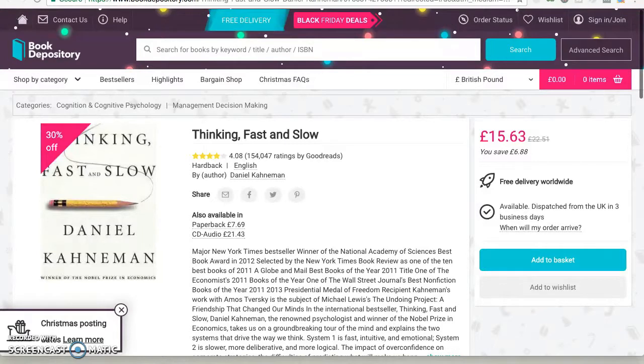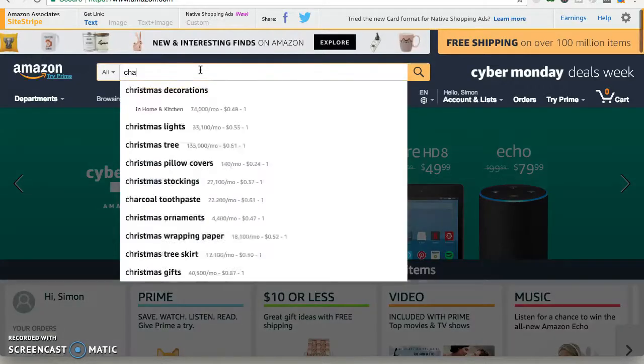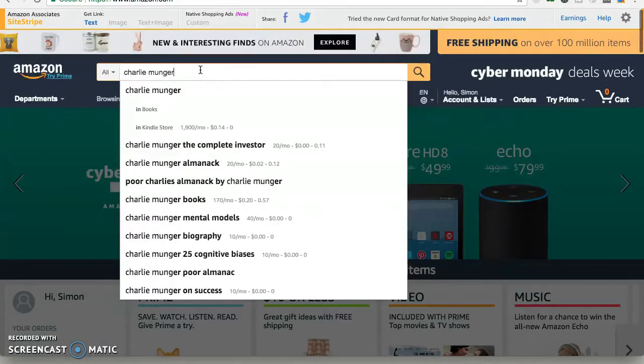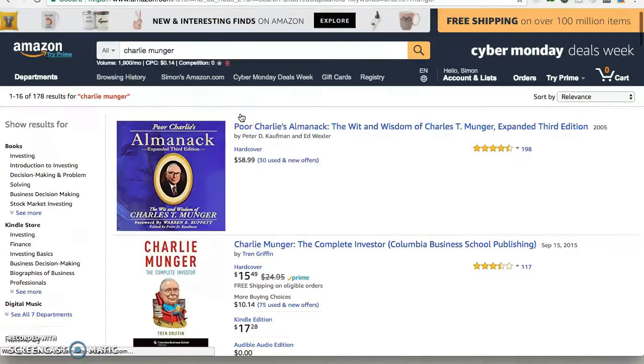So what these biases are effectively is triggers in the brain that cause people to take a certain behaviour. There's also a great book by Charlie Munger called Poor Charlie's Almanac, where he goes into these biases in great detail. So I'm going to first list off a few you may have actually heard of.